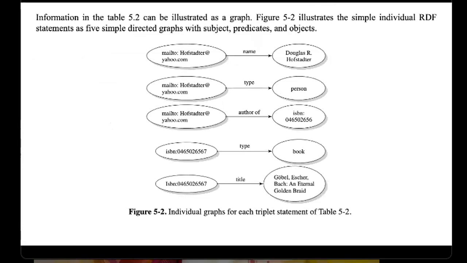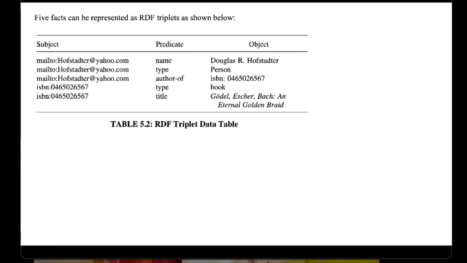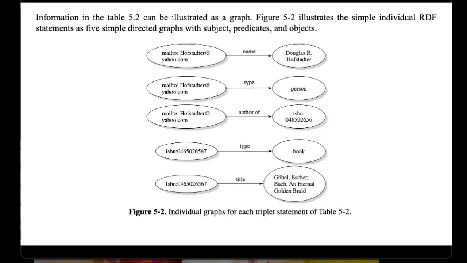The information in the table can be illustrated in graph form. The simple RDF statement is divided into 5 directed graphs. First one, same thing. What was there in the table is represented in the form of a directed graph.